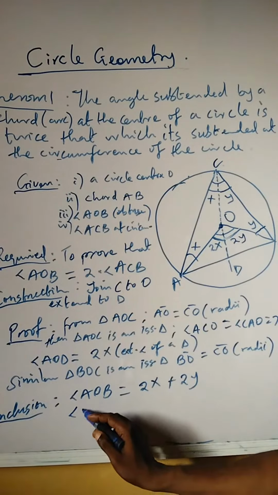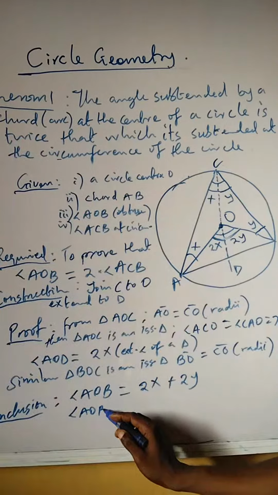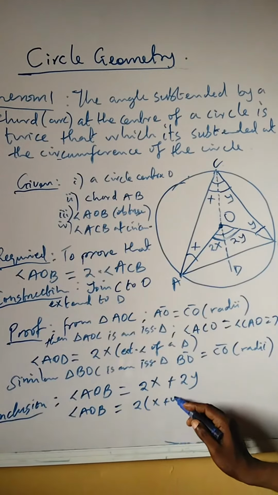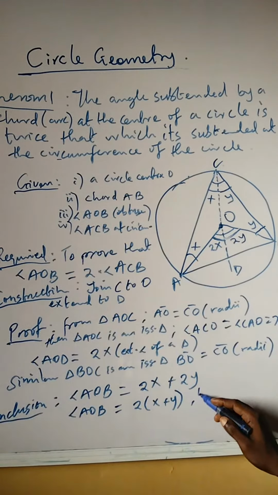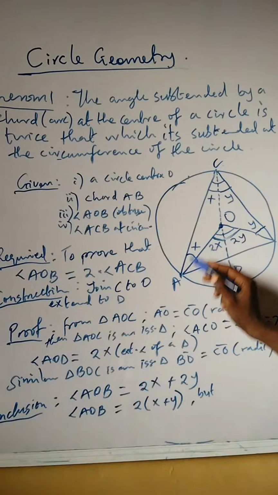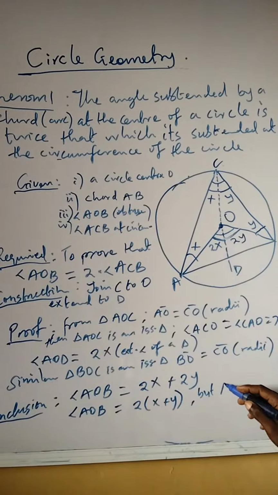We can say angle AOB is now equal to 2 into bracket x plus y. Now, but angle at circumference ACB is the same thing as x plus y.